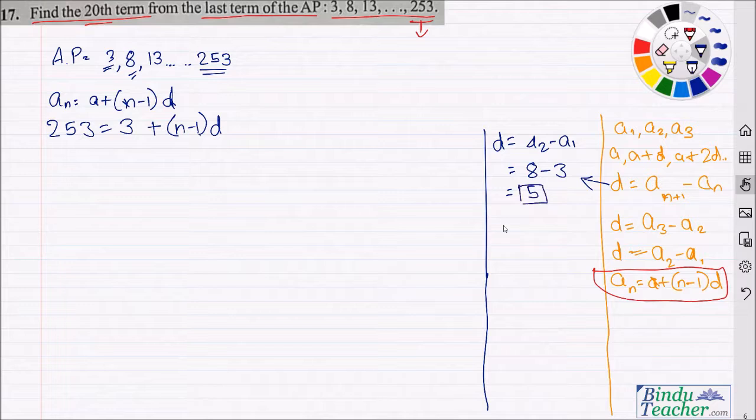I want to be sure this is the right value, so I will do another check. D equals A3 minus A2, which will give me 13 minus 8, which also gives me 5. So now I know that the value of D is 5.